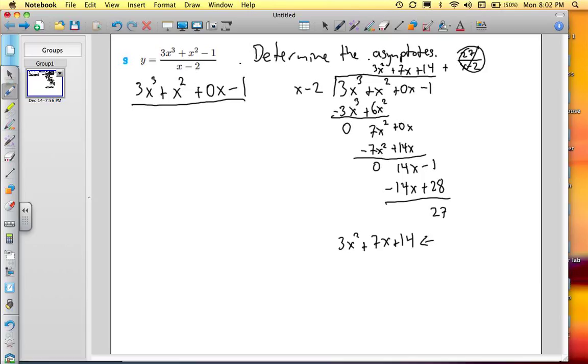And that is your oblique asymptote. And then the vertical asymptote is just x equals 2. Okay? So that's how you find the asymptotes.